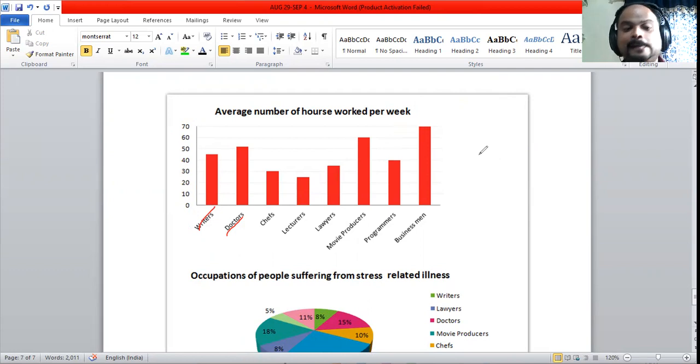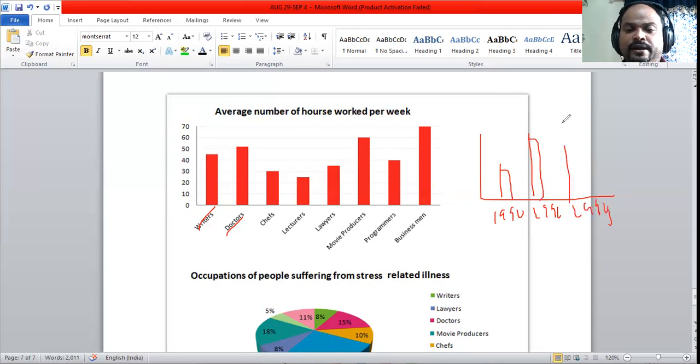See, for example, when this becomes movement, if I am going with writers, this is the bar for writers in 1990. In 1992, it is this. In 1994, it is this. In 1996, it becomes this.